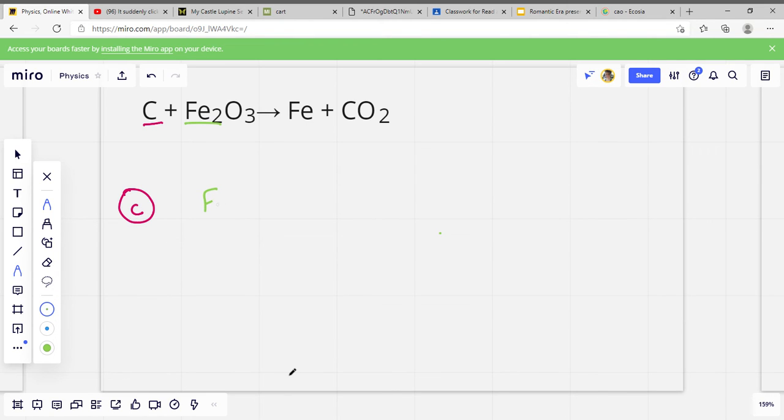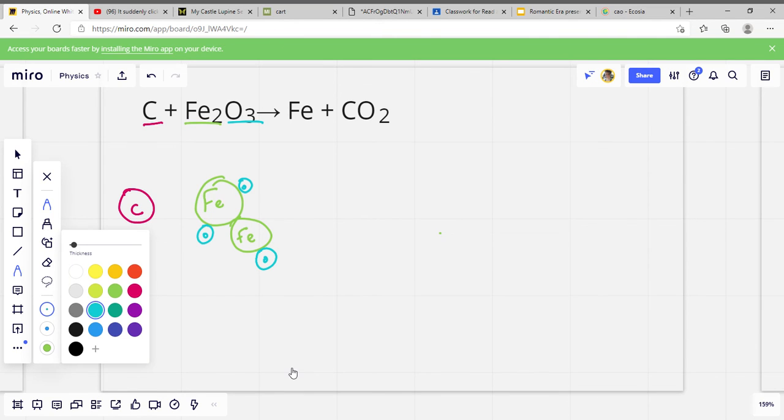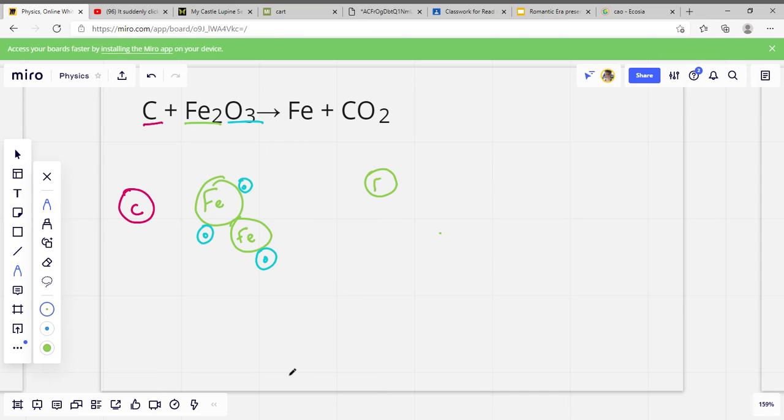So I have 2 Fe's stuck together, 2 irons, and then 3 oxygens stuck on there. Okay, and we're trying to equal an iron, which is Fe, by itself, and then we're going to have a carbon, CO2, so carbon dioxide, and 2 oxygens.